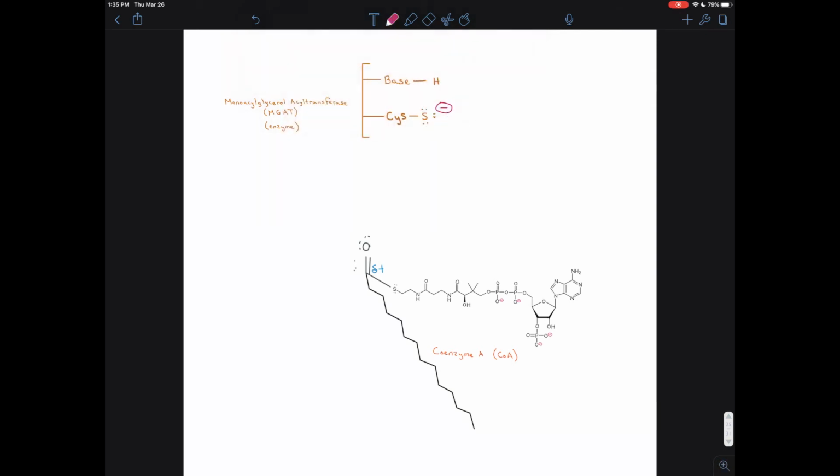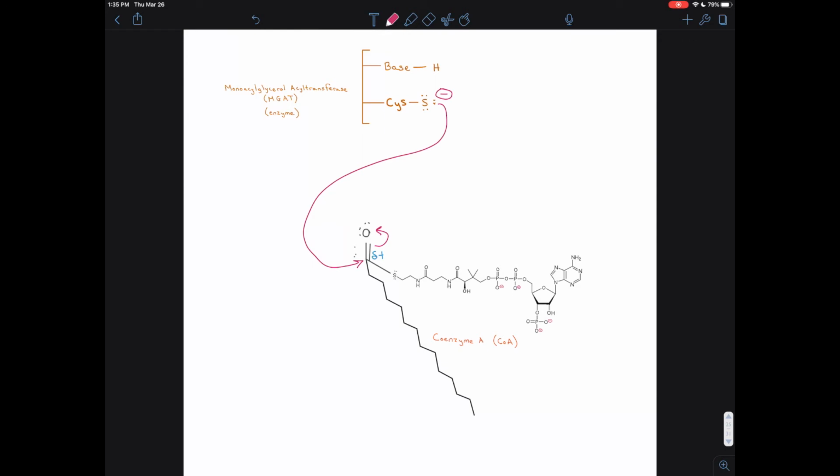So this will swoop in and attack this carbonyl carbon. The weakest bond breaks, that's the pi bond. The electrons go up onto that oxygen.